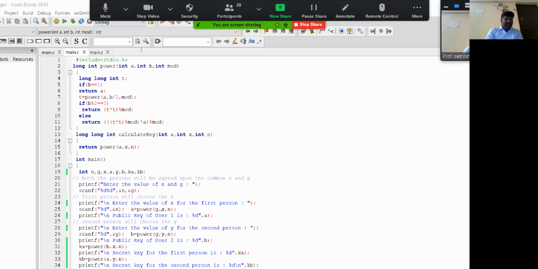So this is the code for implementing the Diffie-Hellman key exchange algorithm as I was explaining. We need to have the prime number, followed by the alpha value, and each user needs to select a private key.